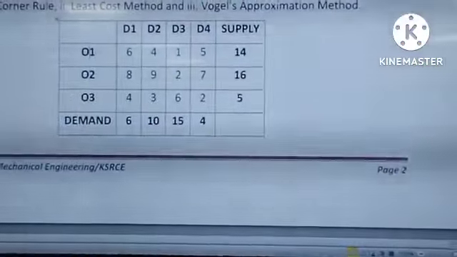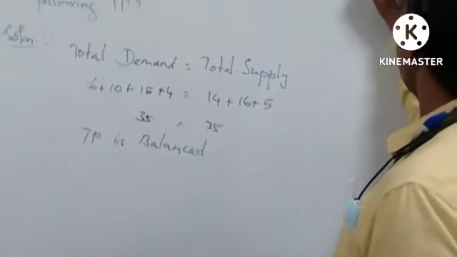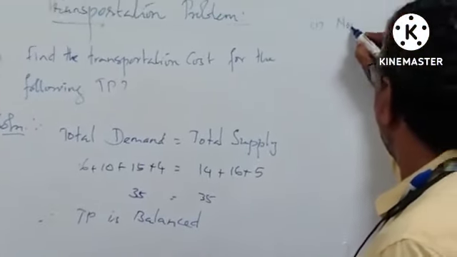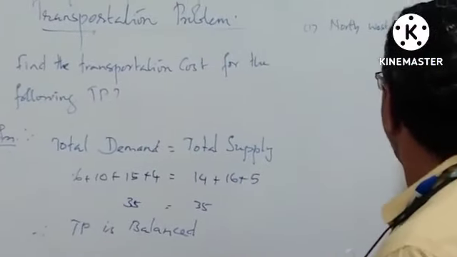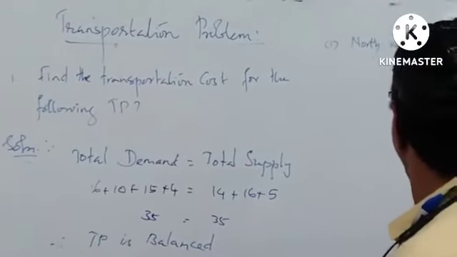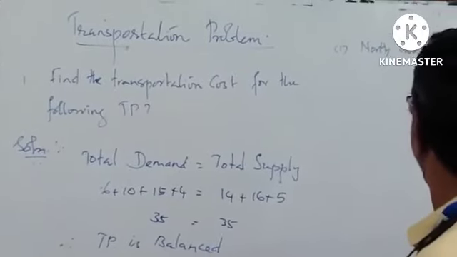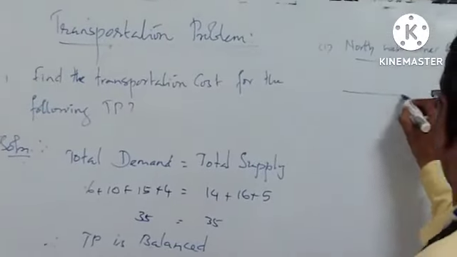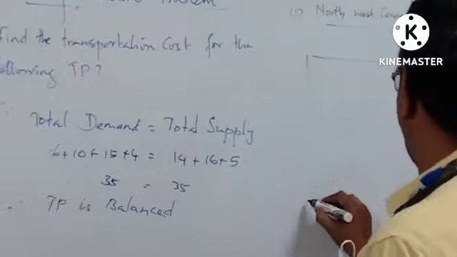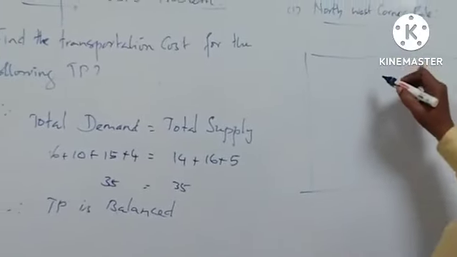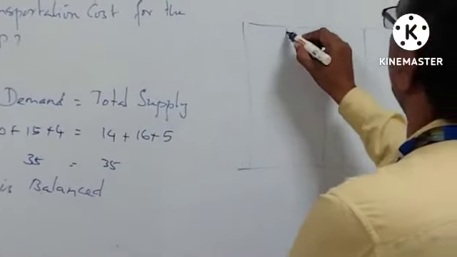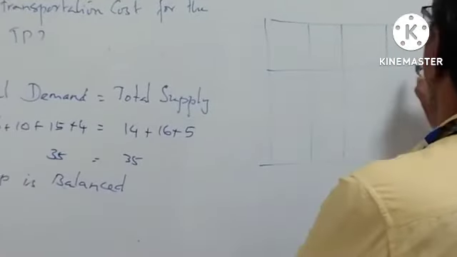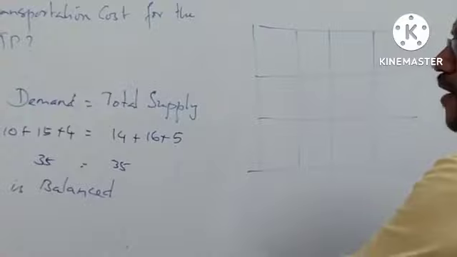Right. Now the first method is called the northwest corner rule. Don't worry about origin and destination, we need only the data.